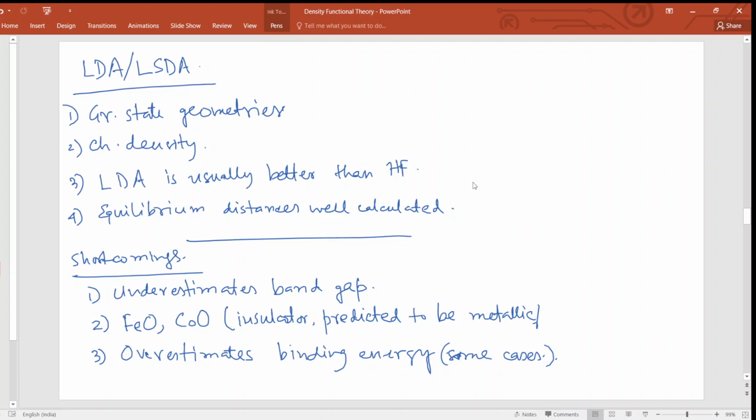And of course, the binding energy overestimation which I mentioned in the last slide is there. There are a few shortcomings, but overall this is a good approximation, and we can estimate behavior under the LDA.